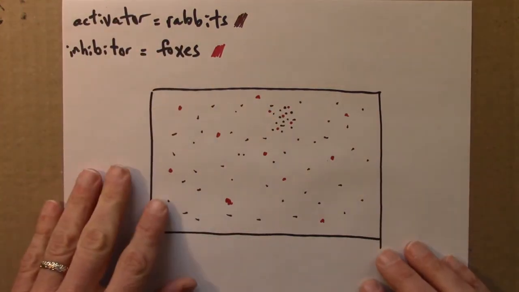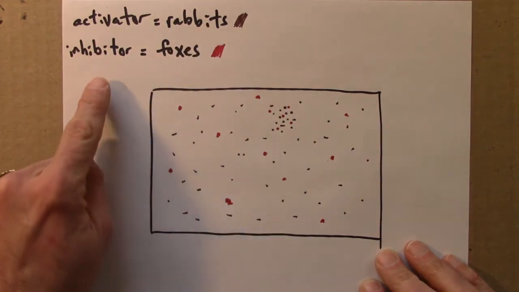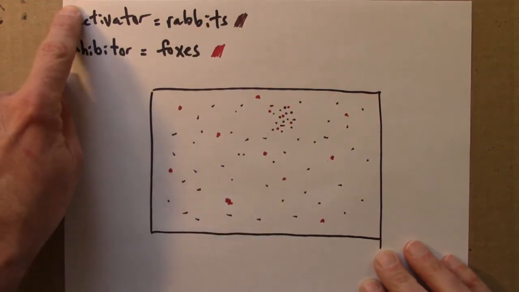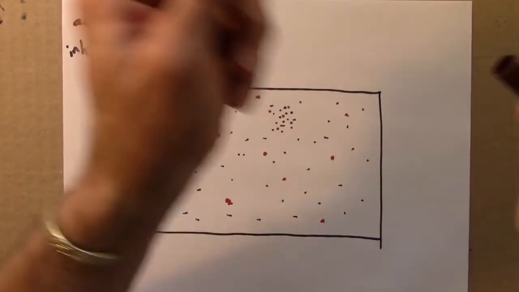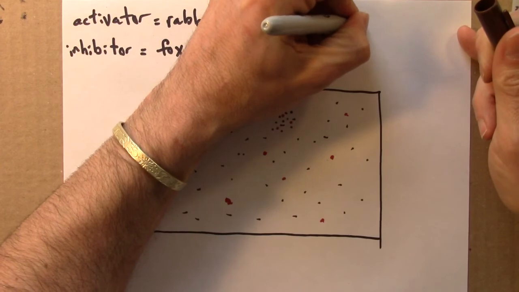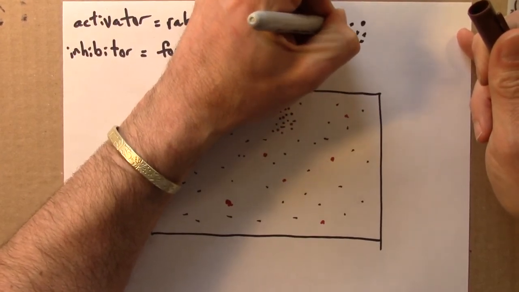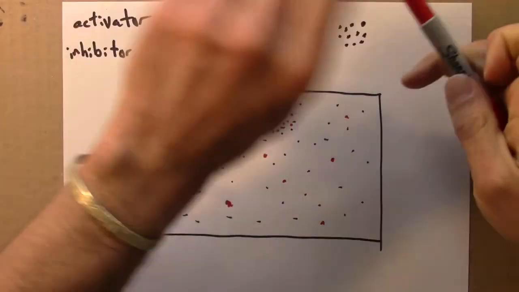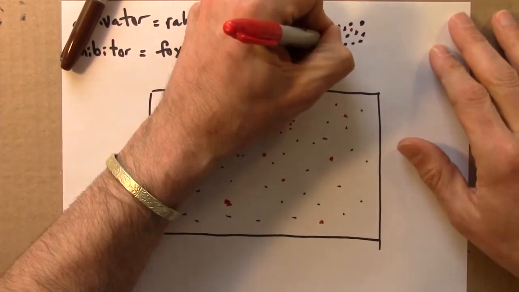However, in these systems, foxes move faster than rabbits. The inhibitor diffuses faster than the activator. So what happens is, okay, let's see where I'm going to draw this. Let me sort of zoom in. So here I've got all of these rabbits, and we've got some foxes, but now the foxes are spreading out faster.